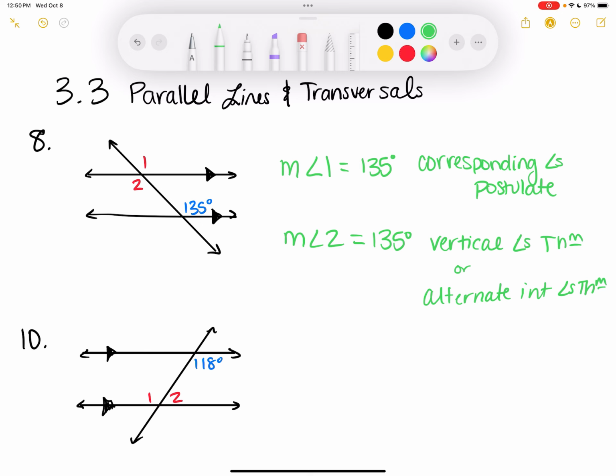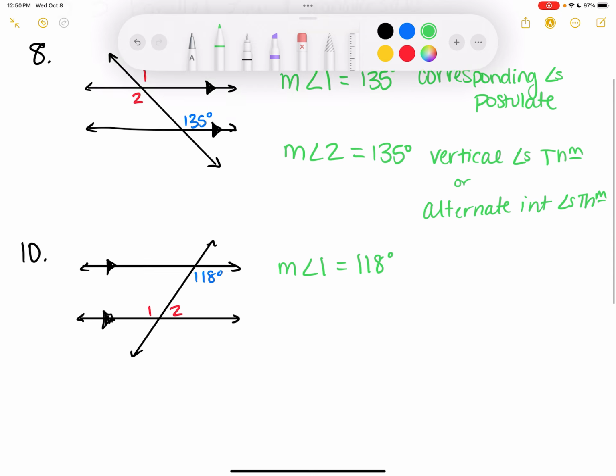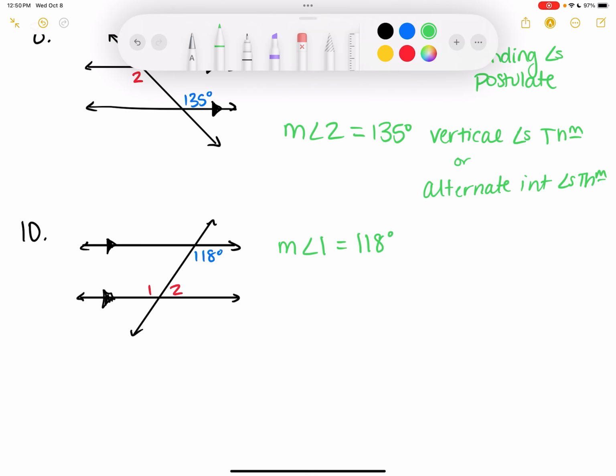All right, so what is the measure of angle 1? 118 degrees. Why? Alternate interior angles. Yep, alternate interior angles theorem.